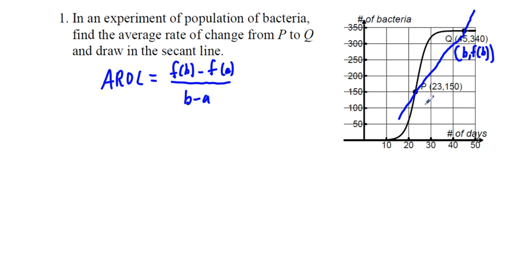And this other point down here, we can call a comma f of a. And then we can just work that out. So our answer for this could be 340, that's f of b, minus 150, f of a, over b minus a, which could be 45 minus 23.